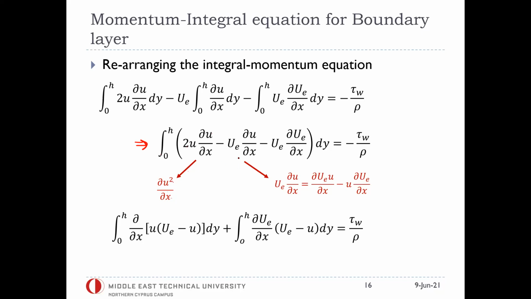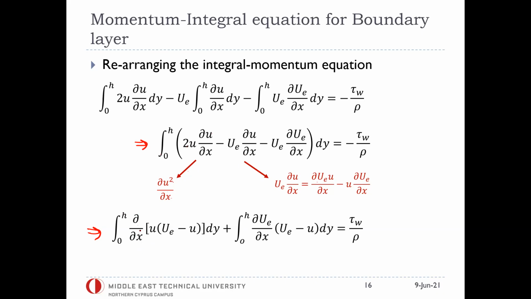And the second term, U_H times du/dx, can be written like this. It's basically the derivative of u times (U_H minus u), minus u dU_H/dx. So we make use of that and insert this into our equation here. We get these two separate integrals on the left-hand side.